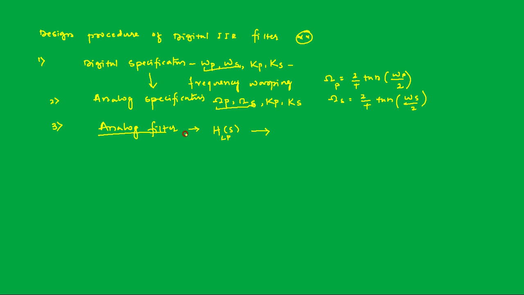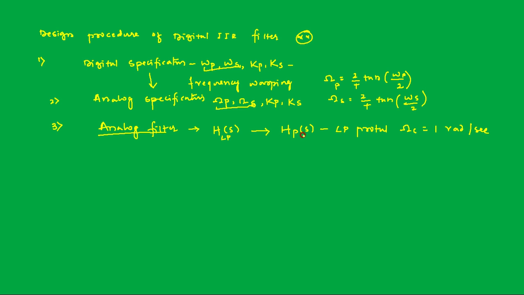So the design of the analog filter is nothing but obtaining the transfer function in the s domain using the normalized low pass filter or low pass prototype, which has the transfer function H of s, right? This is known as the low pass prototype, whose cutoff frequency, as we discussed in yesterday's class, is always 1 radian per second, right?